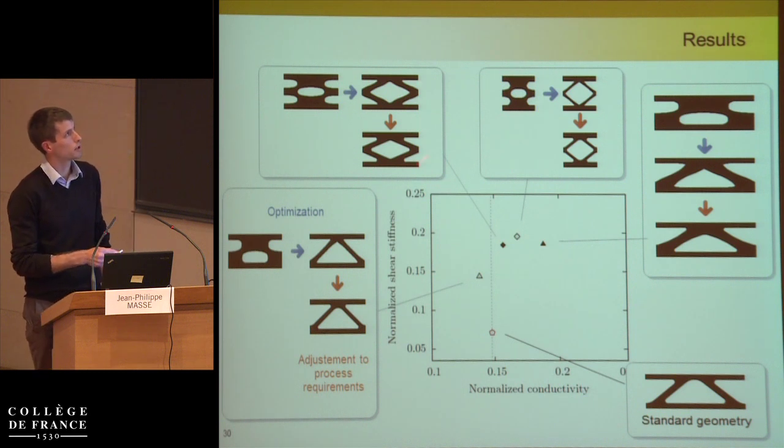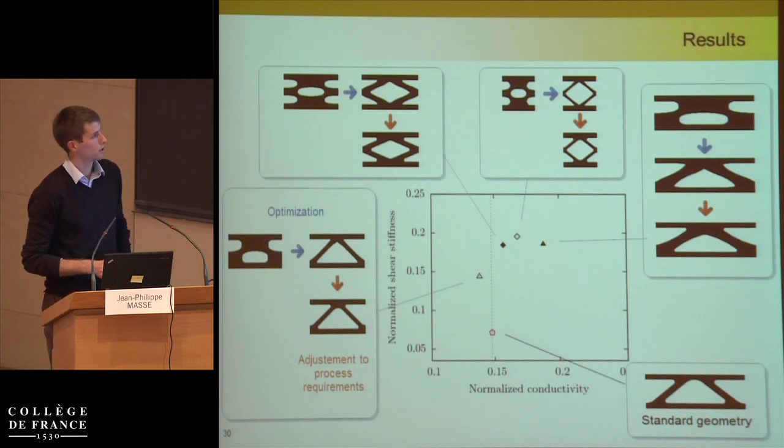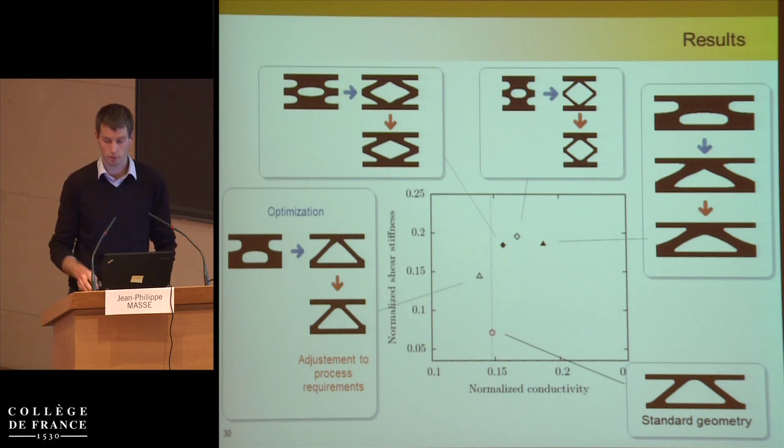So we simplified it, because it's a constraint for the machining of such a stiffener. Even after this simplification, we are able to propose some geometry that gives a better compromise.